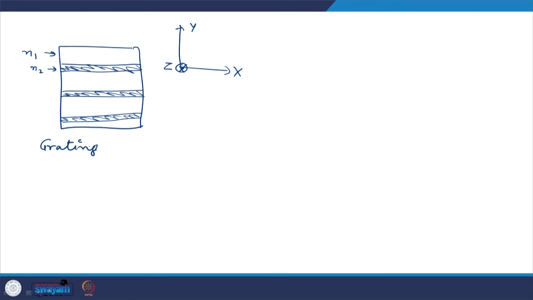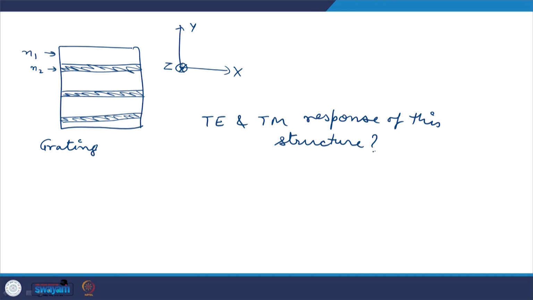Suppose you have a grating based sensor, light is falling on it from the top, and you want to know the TE and TM response of this structure. How do you study this? What will be the polarization of light which will give you the TE response and TM? How do you define TE and TM in case of this kind of structure?